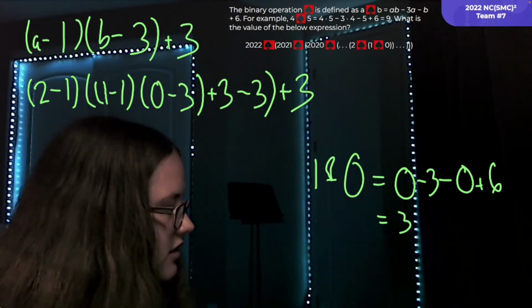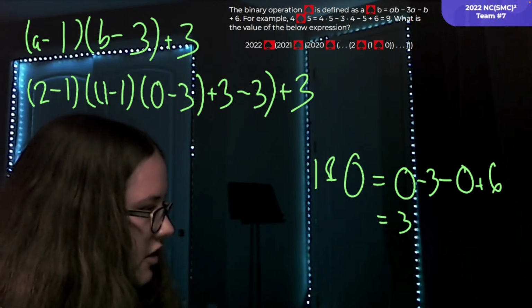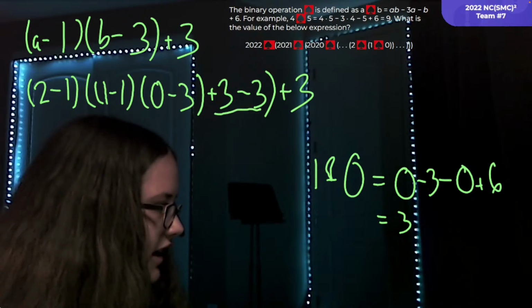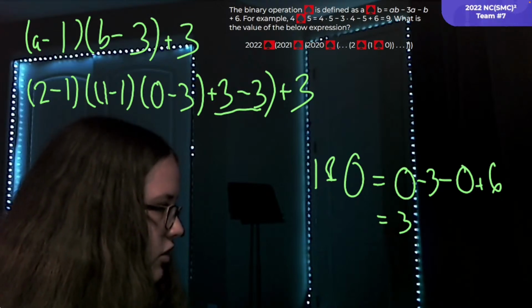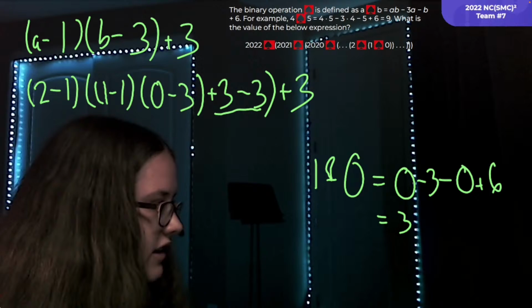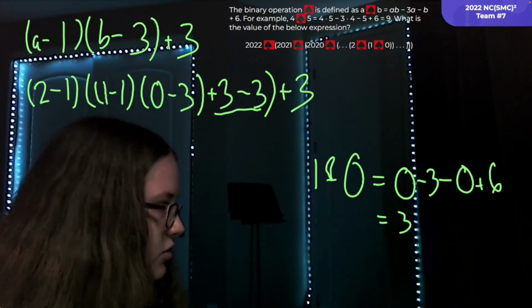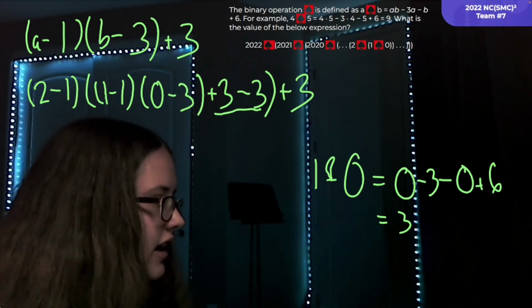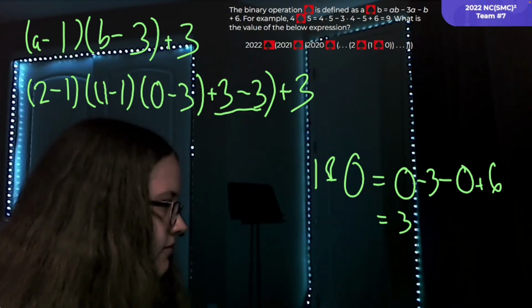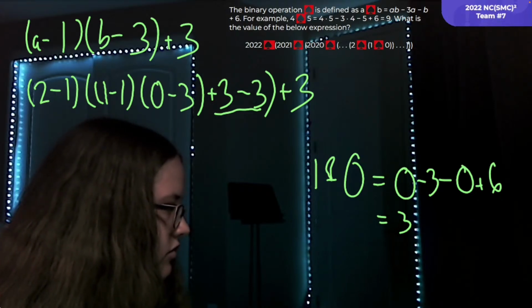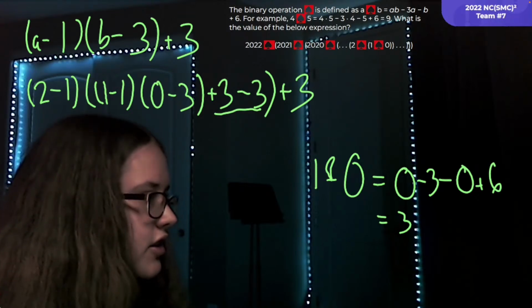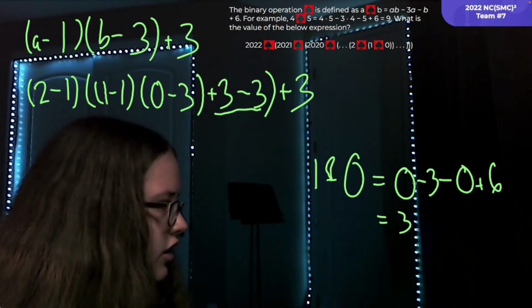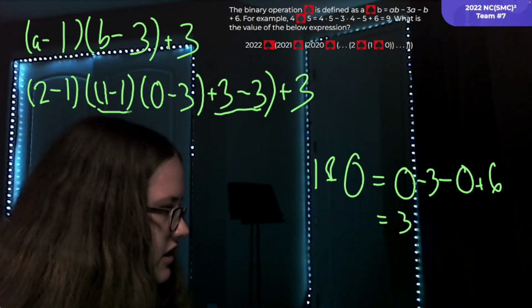And since these two cancel, then we just have 0 minus 3, and then times 1 minus 1 times 2 minus 1 times 3 minus 1, and so on and so forth. But this is notably 0.